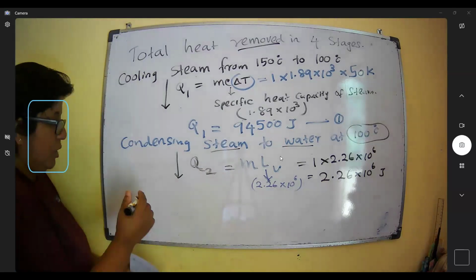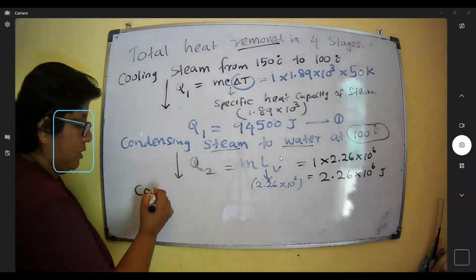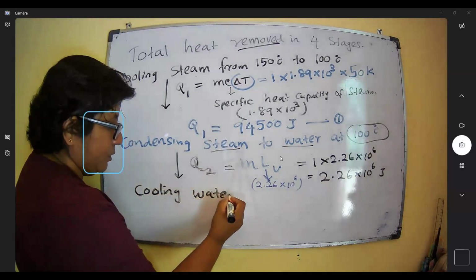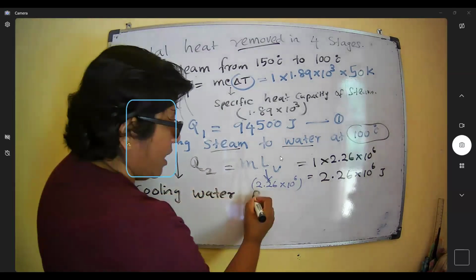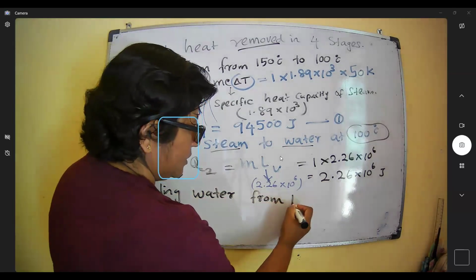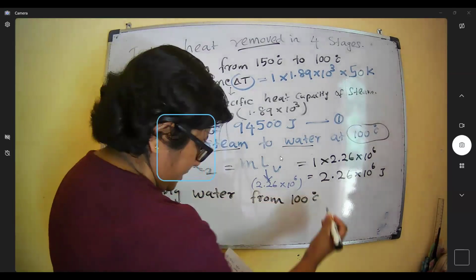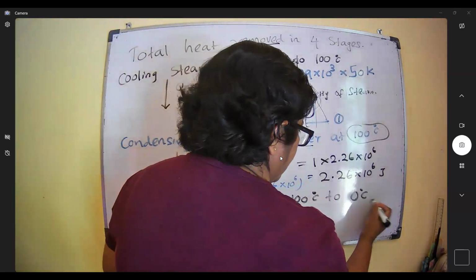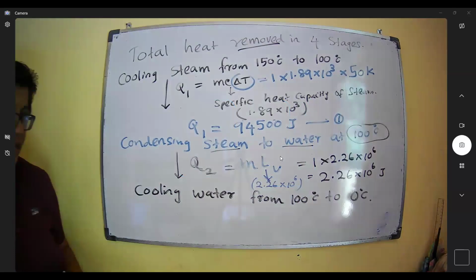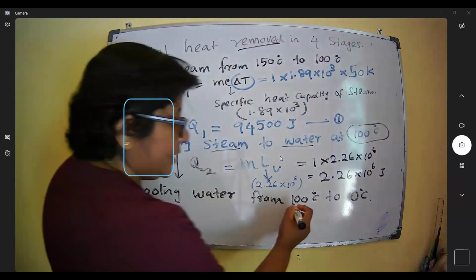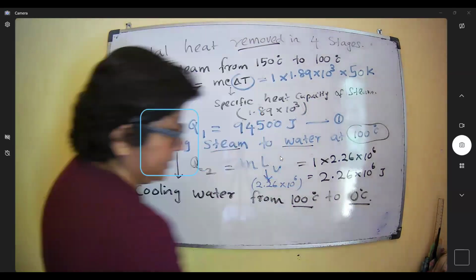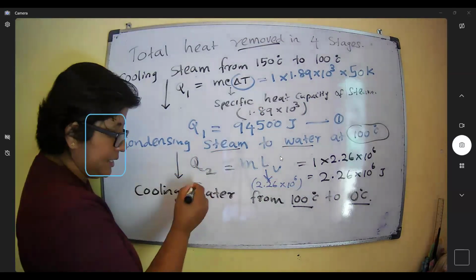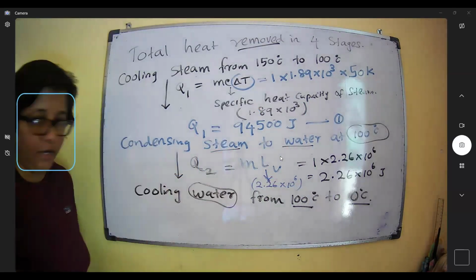The next step is cooling water from 100 Celsius to 0 Celsius, right? In this process, you can see the temperature changes from 100 Celsius to 0 Celsius, and there is only one phase here, water.